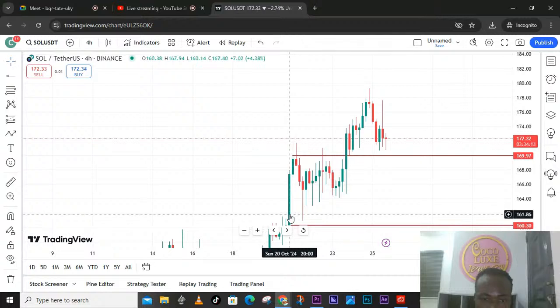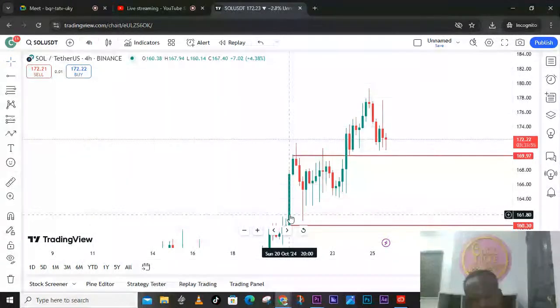If you go right here, look at the dates and time below. What you are looking at down here, you can see it there, right? Where am I going to click to see the date and time below? Where are you going to click on your phone to see the date and time below? Or is there any tool or indicator I'm going to use? Wait a minute. Are you using your TradingView normally to look?